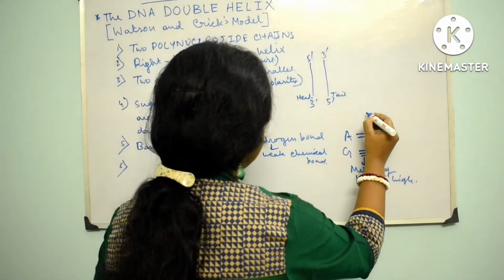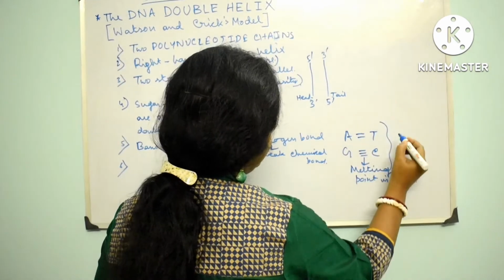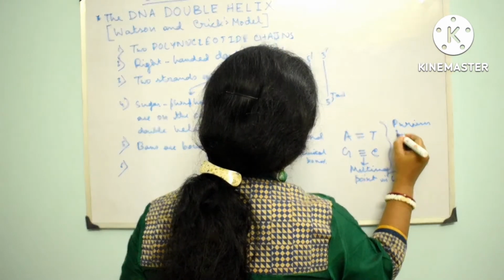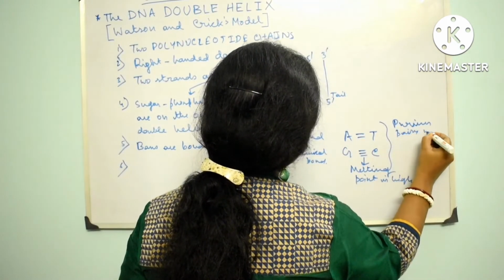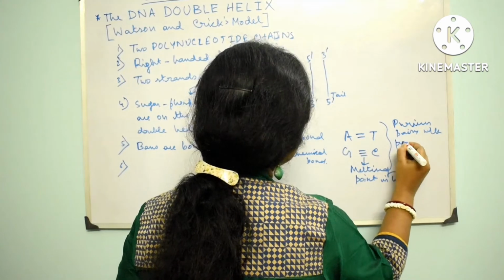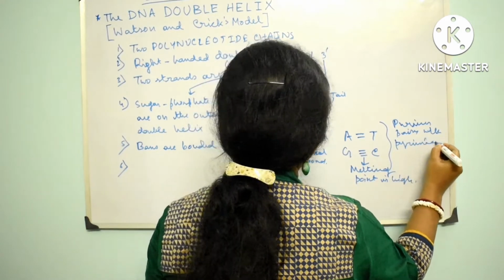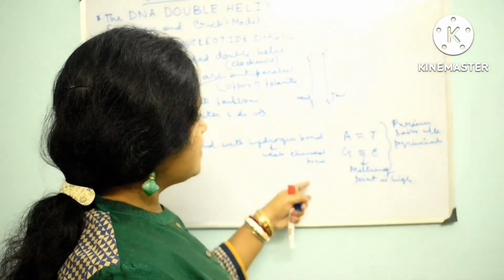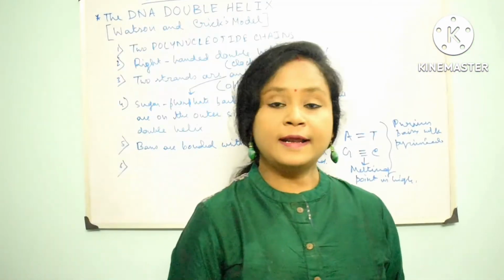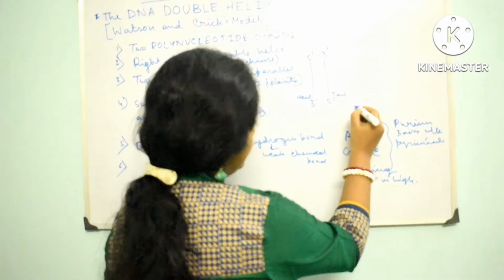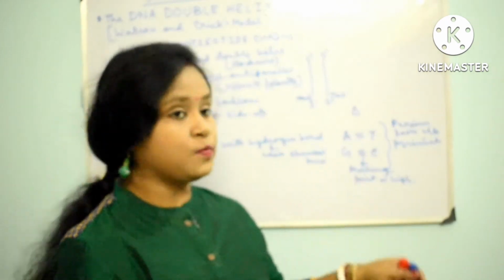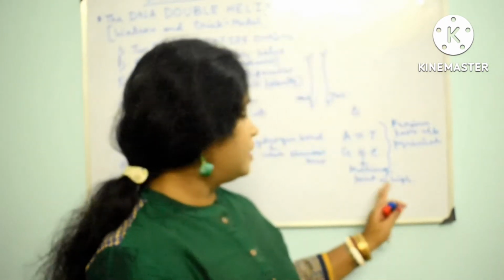Purines pair with pyrimidines. With a weak chemical bond like the hydrogen bond, it is very easy to separate the two strands. For example, by heating we can easily separate the two strands of DNA, as only weak H bonds are present between these two strands.